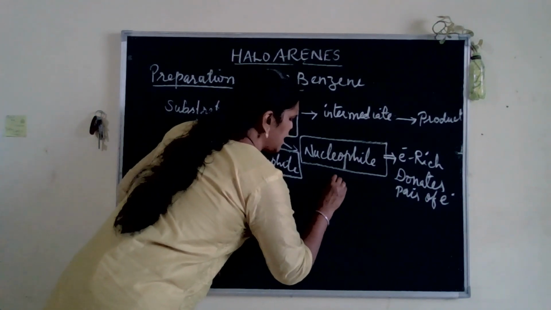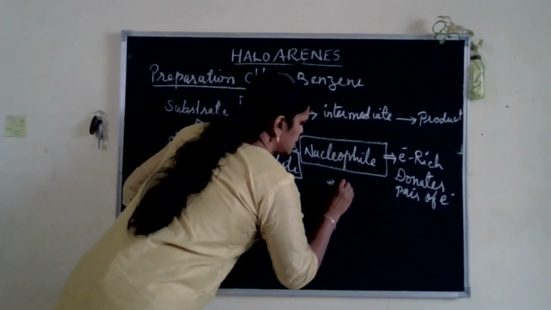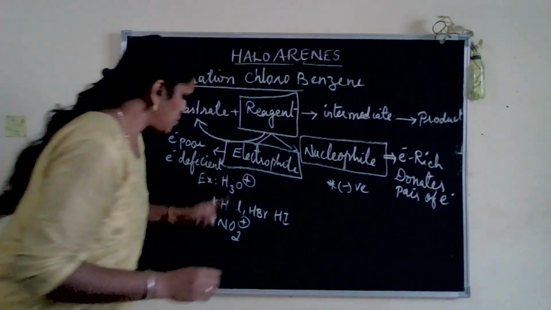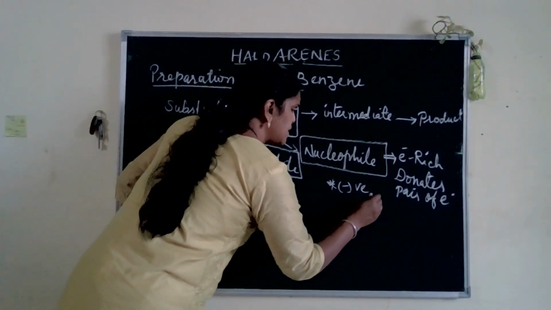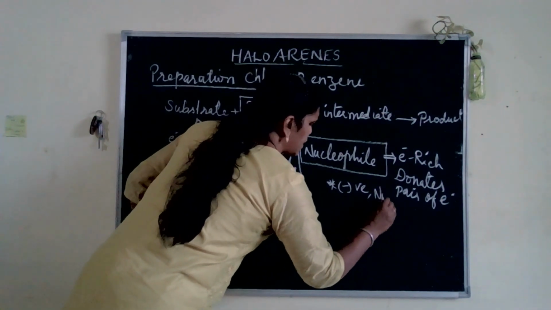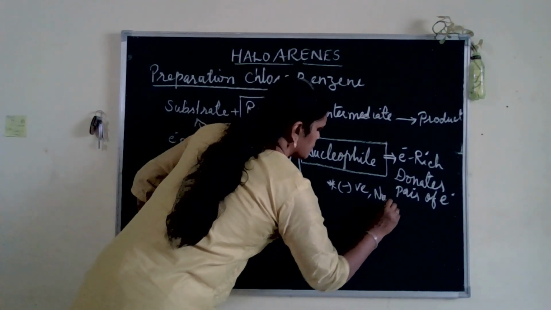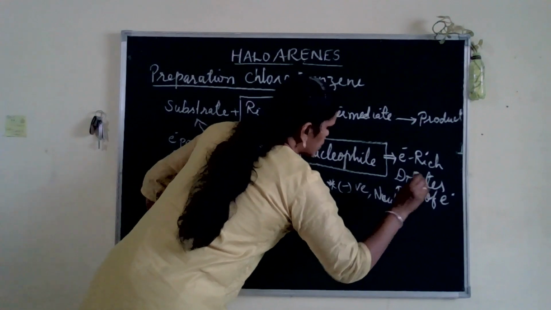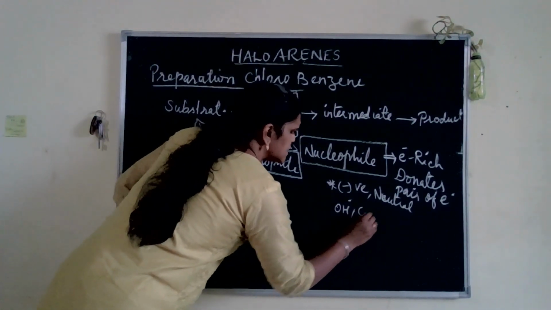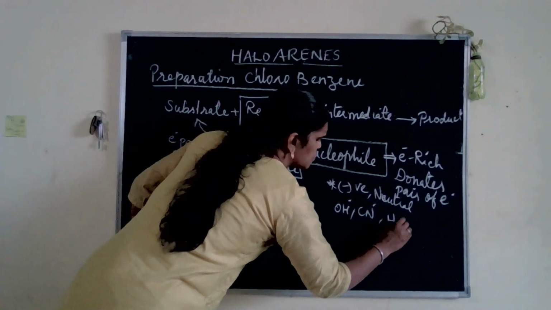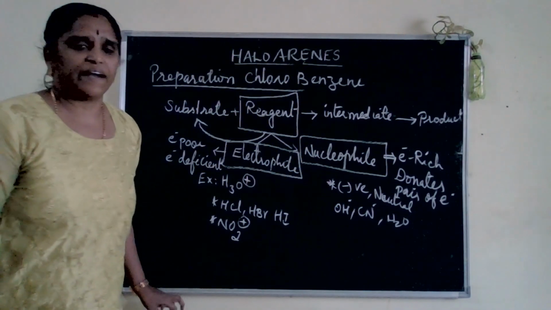So usually a negative charge will be there. Here, positive charge I just mentioned, no. Here negative charge will be there. So negative charge as well as neutral species will also be available. What are the examples? Usually OH-, CN-, H2O. These are all you can identify.